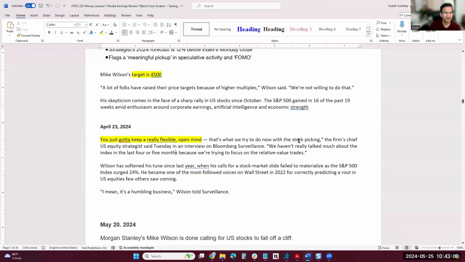That's what we do now with the stock picking. He softened his tune a little bit because the market slide that he had thought would happen in 2023 didn't happen. Market was up 24%. It's a humbling business. Right? Market will humble you.